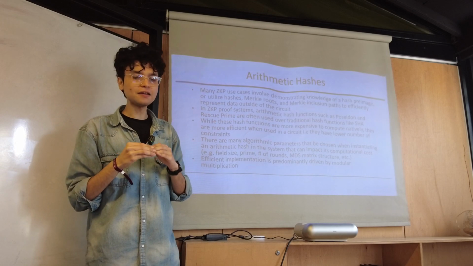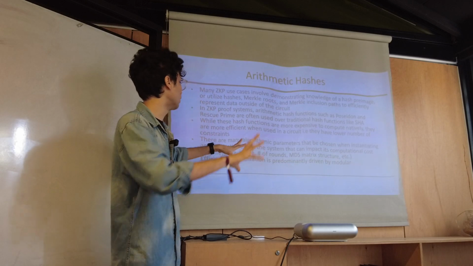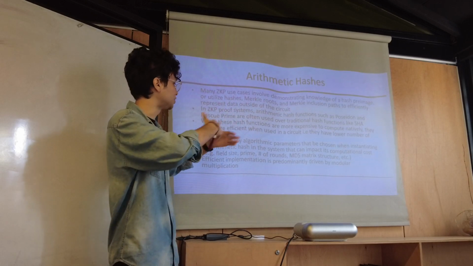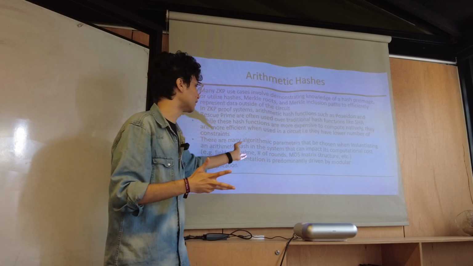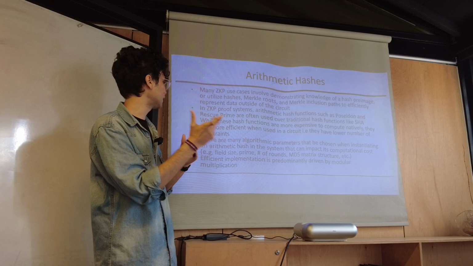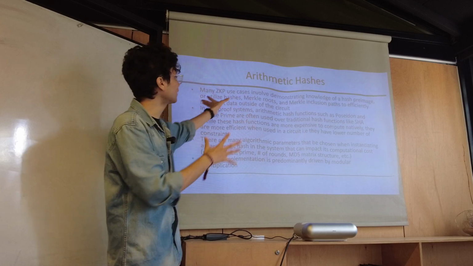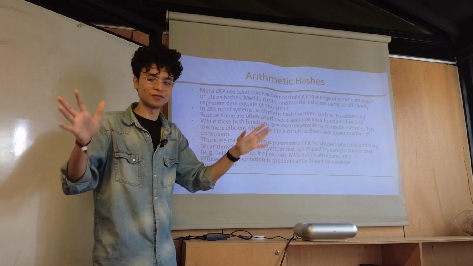And again, these hashes can be constructed by changing a lot of parameters internally. So we can tweak the field size, the number of rounds, right? Based on that, we can create different versions of hashes, and all of them have different trade-offs.